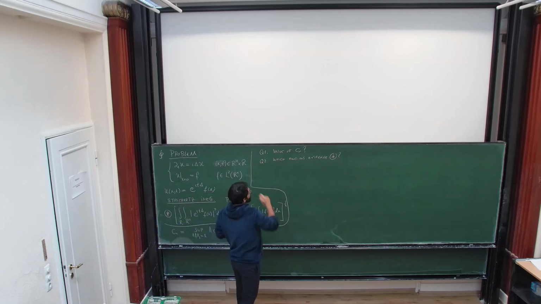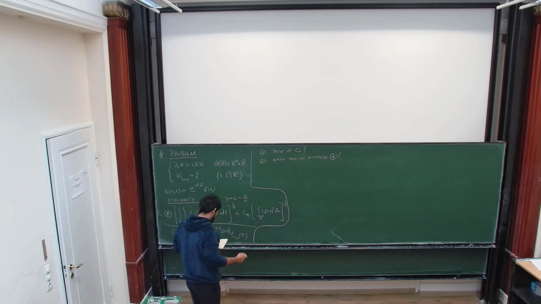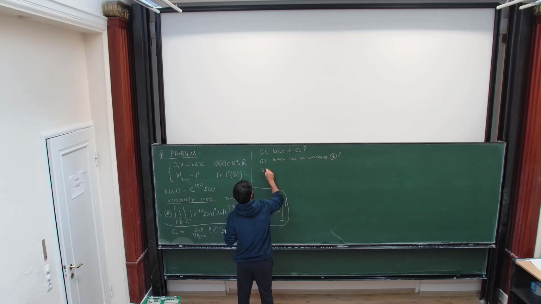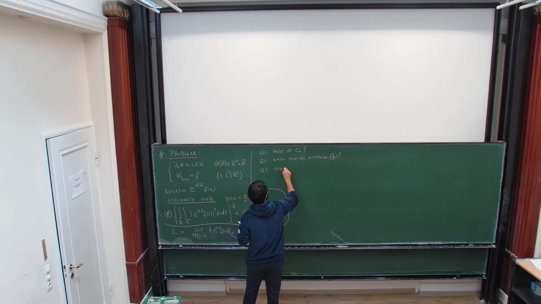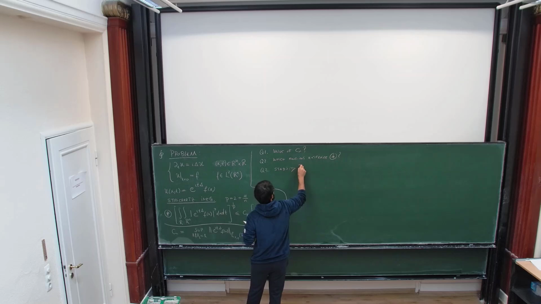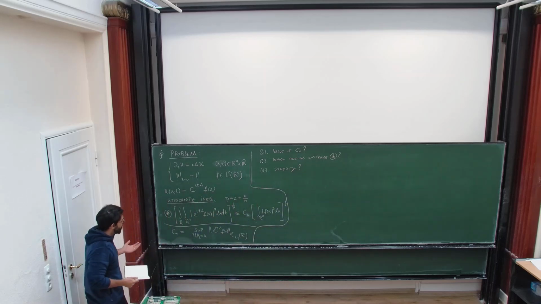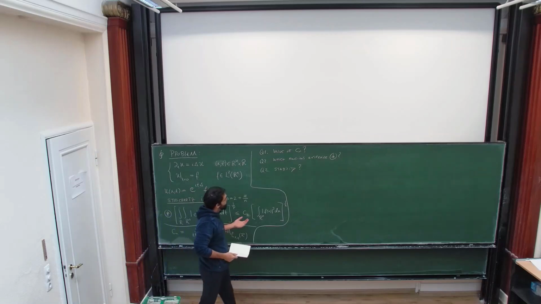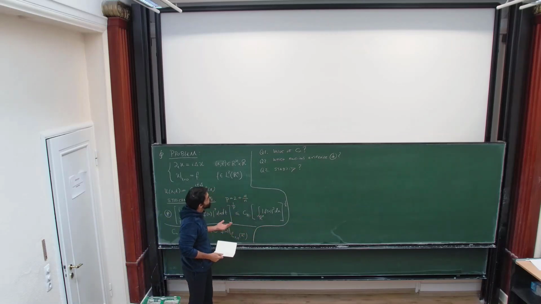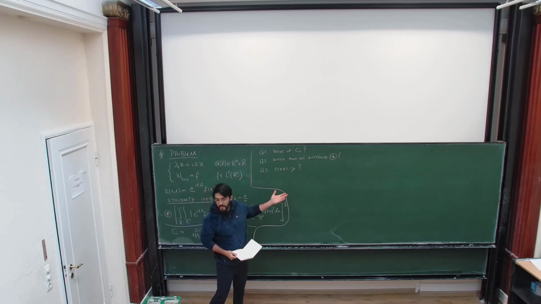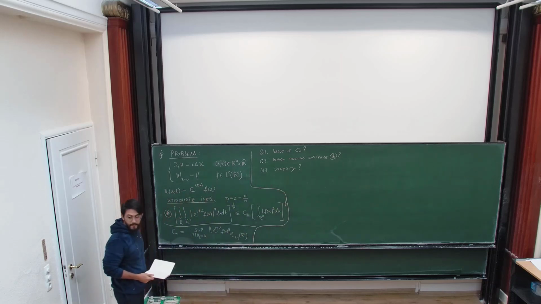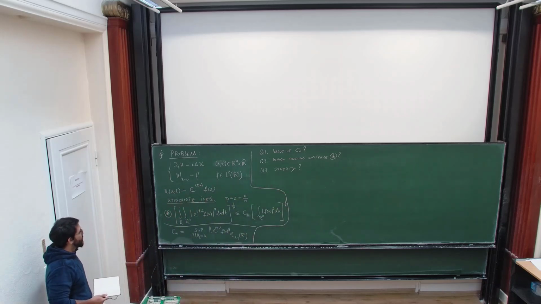Once you answered question 1 and question 2, you can ask questions about stability of the inequality. So if a function is close to extremizing the inequality, should this function be close to the set of extremizers? Is it obvious that extremizers exist here? It's not obvious.